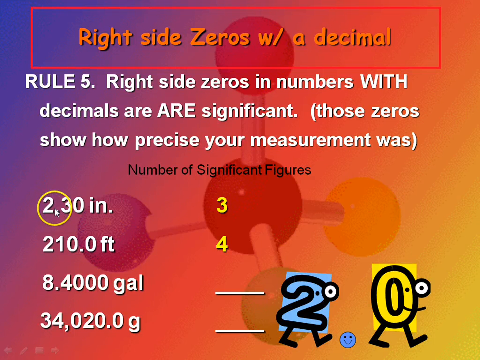So 2.30, that's telling me that the last known mark on my instrument was at the 10th of an inch. So there we go, that one's got 3. This 0 with the decimal is telling me that my last known mark was at the whole foot number. Okay, so 4 significant figures.